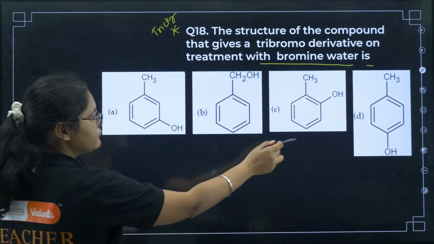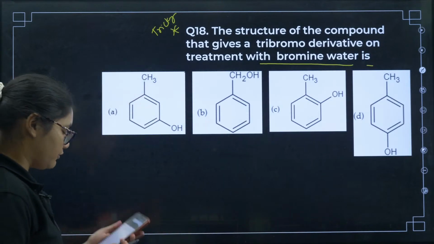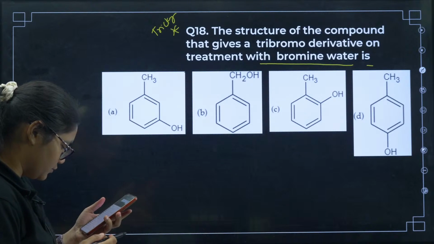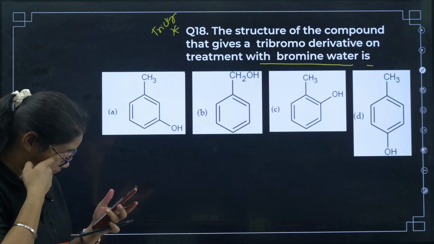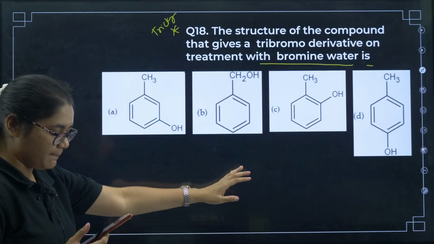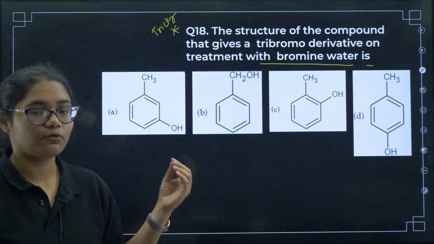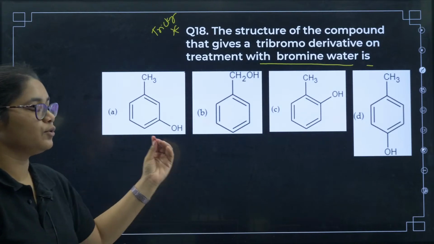So which of the following phenols, when you treat it with bromine water, will give you a tribromo derivative?